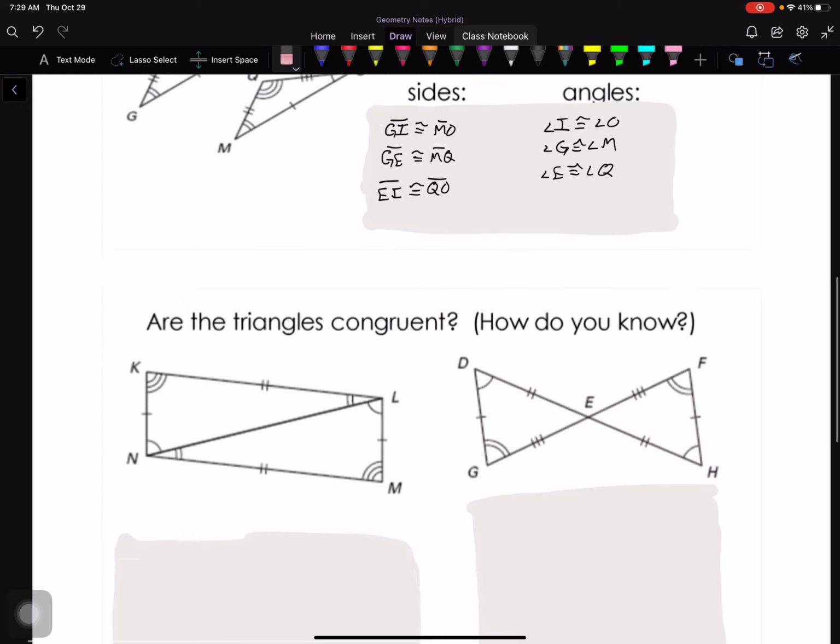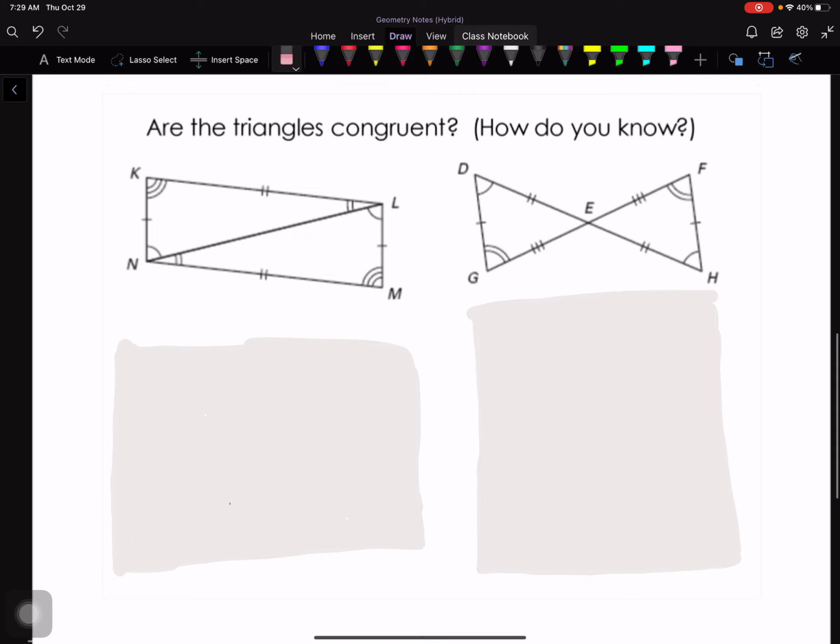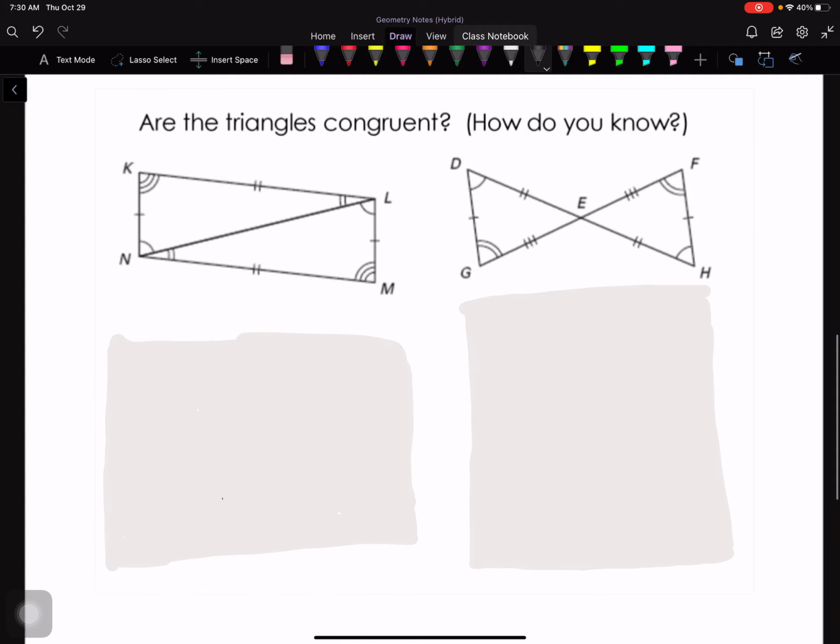So, are the triangles congruent, and how do you know? Maybe the easiest way is just to list the angles, list the sides, and see if we got all six the same. So, start with the sides. Okay, I see LM is congruent to KN or NK, whichever way you want to write it.